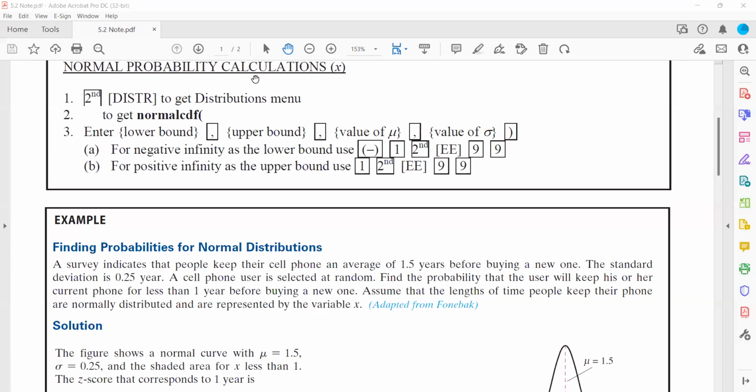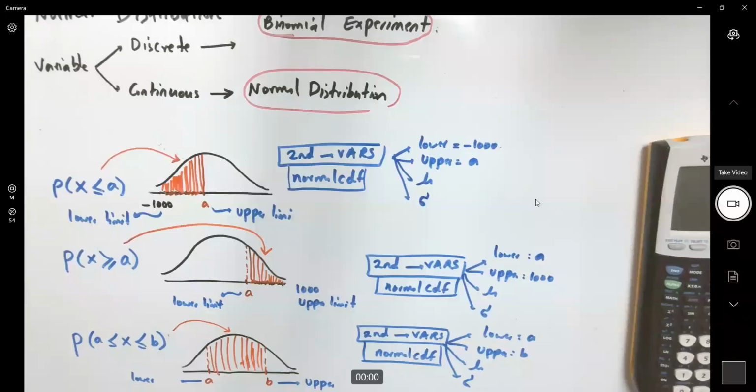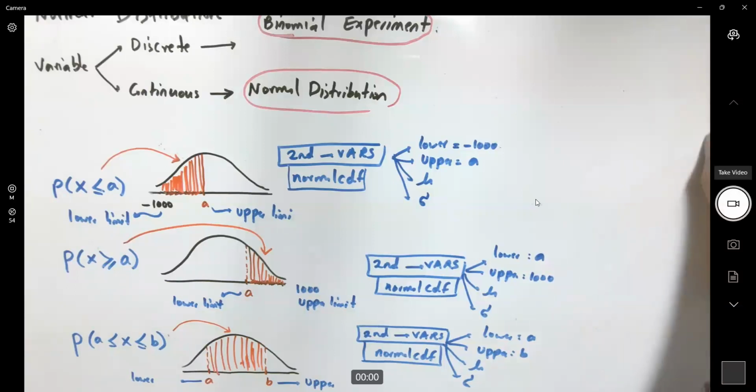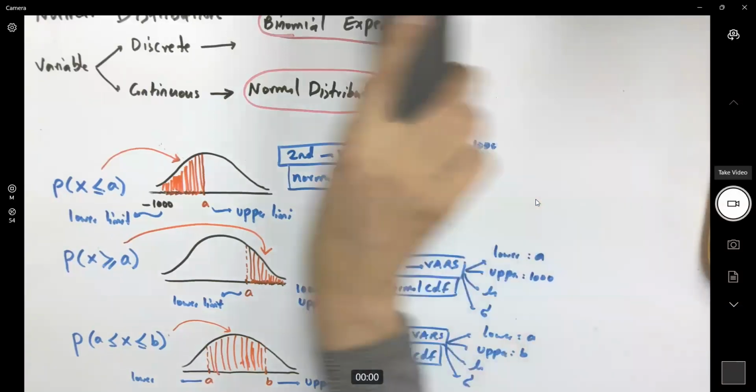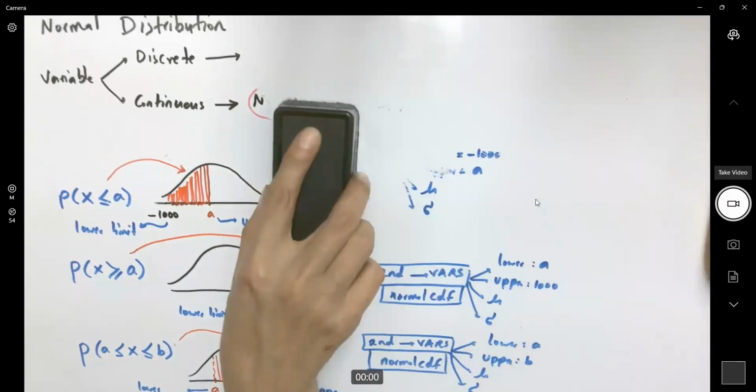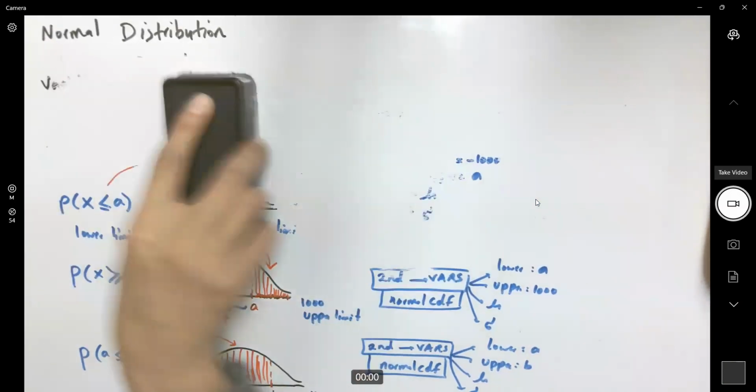Very good. So let us take a look at our board, write down important information, and identify the case. So in this case, what do we have? First of all, we have a normal distribution. That's for sure.